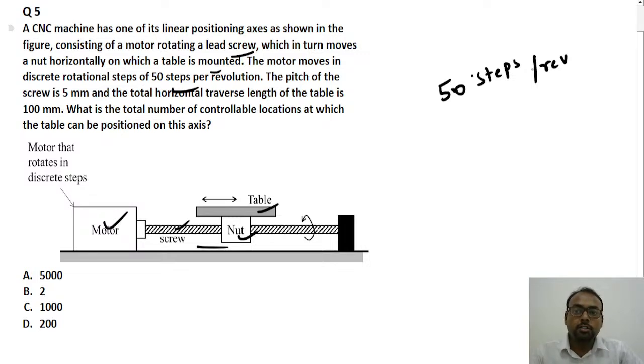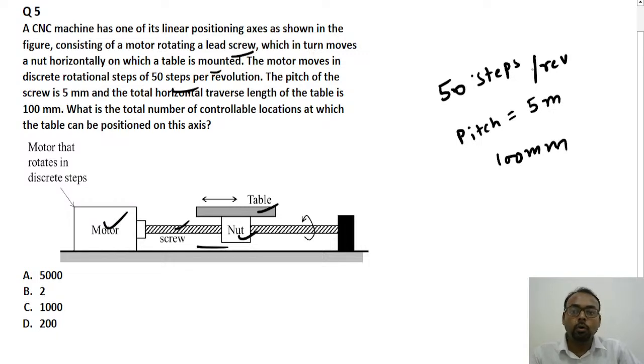The pitch of the screw is 5 mm, and we have been given that pitch value. Now the total horizontal traverse length of the table is 100 mm. So total how much distance do we have to move this table? We have to move this table for 100 mm.